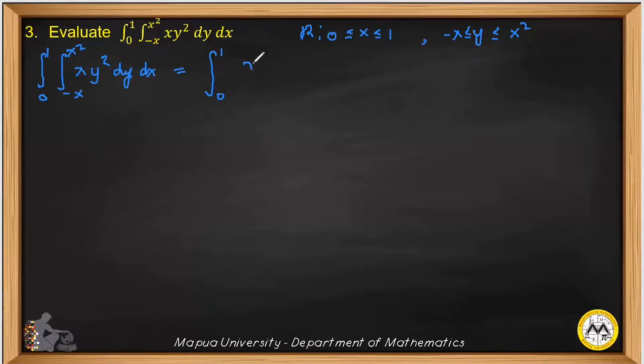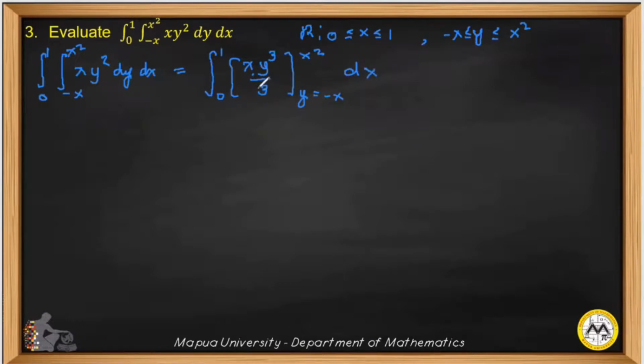So that will give us x y cubed over 3, and we have to evaluate this from the lower limit y is equal to negative x, sorry, to x squared, times the differential of x.